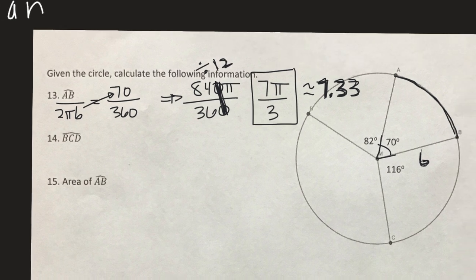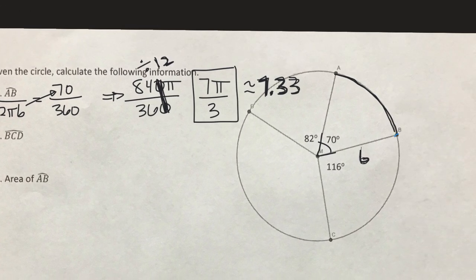From B to C to D means we start at B and go around to C and then all the way around to D. I need to know the angle for this whole thing, which I am missing part of.